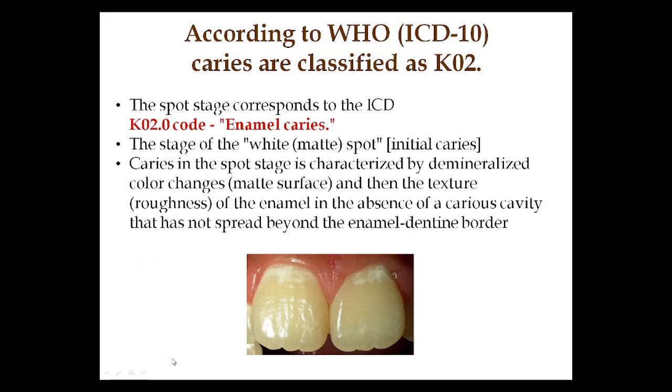The stage of white or matte spot means initial caries, and caries in the spot stage is characterized by demineralization, color change, matte surface, and then the texture, roughness of enamel, in the absence of a carious cavity.